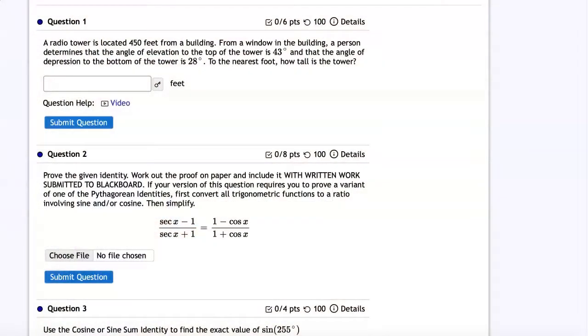Okay, now let's look at the next part of the information. The next part of the information says that we have an angle of elevation to the top of the tower, and this is from the window, that's 43 degrees, and then an angle of depression to the bottom, that's 28 degrees. So what would that look like?